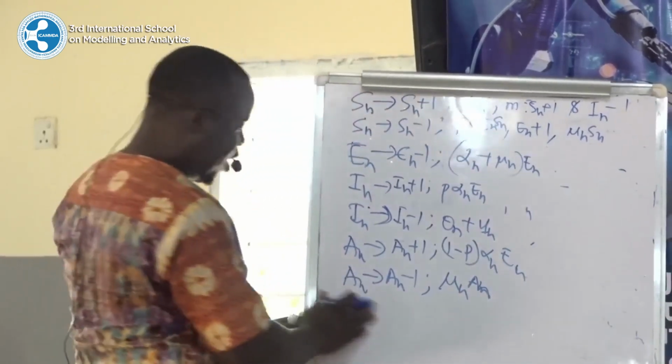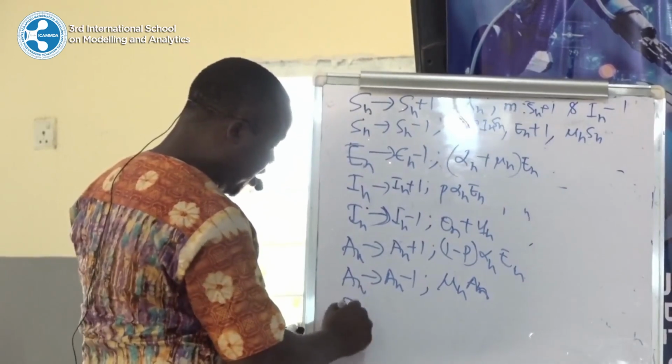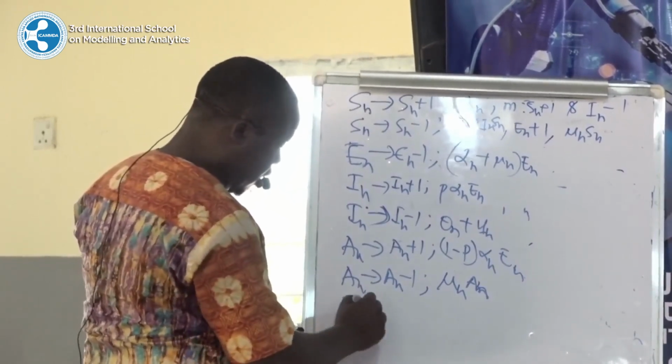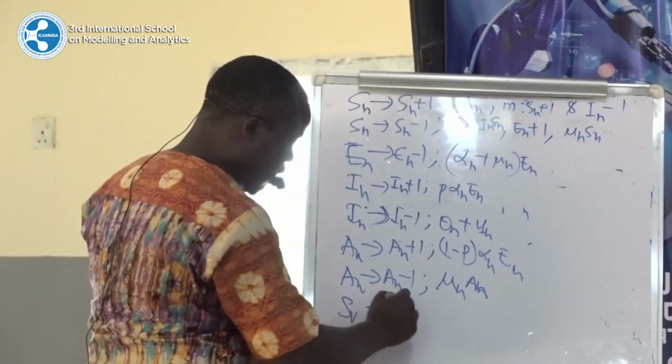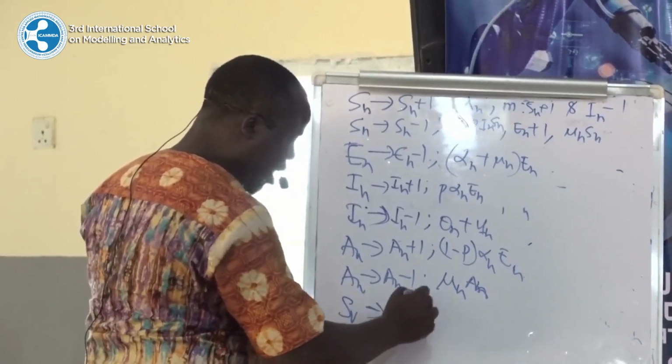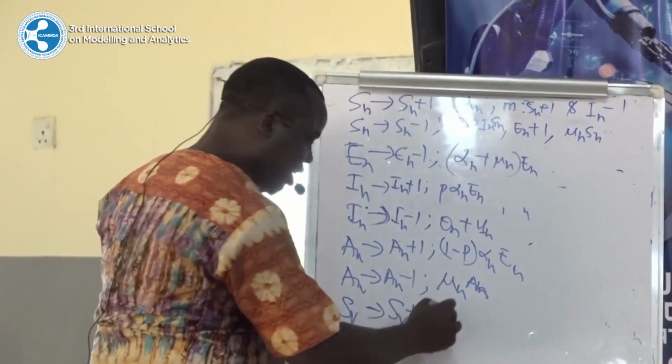And then we have SV transform to SV plus 1 is lambda V, right?